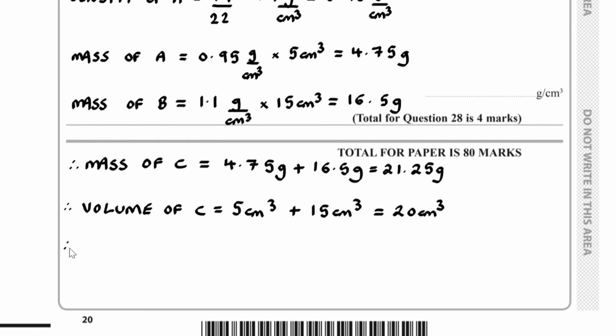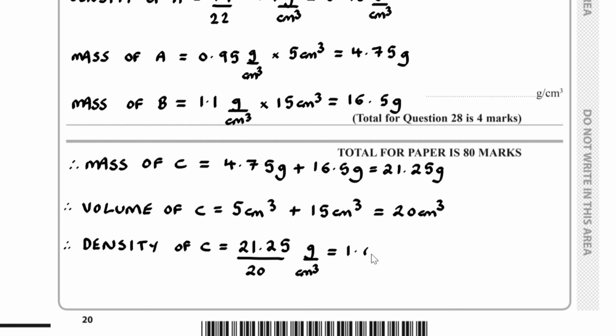And therefore, the density of C is equal to the mass, 21.25 grams, divided by the volume, 20 centimeters cubed, and it turns out we get 1.0625 grams per centimeters cubed.